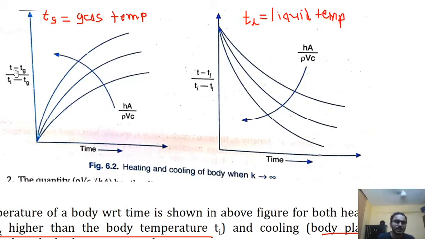The temperature profile is given by (T minus Tg) divided by (Ti minus Tg). Based on our exponential behavior, we observe this kind of curve. And the higher the value of hA upon rho Vc, the higher will be the temperature, because the arrow shows that the values of hA upon rho Vc are increasing, and that's why we observe a greater increase in temperature here.